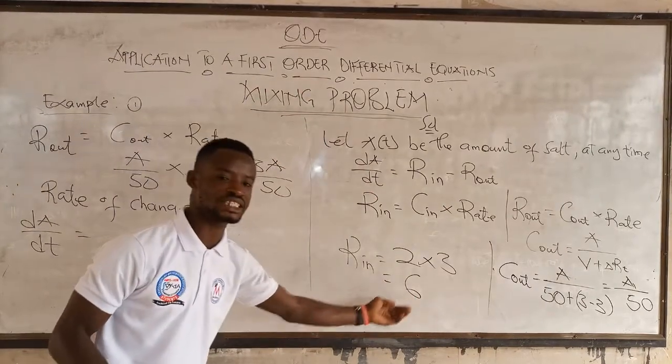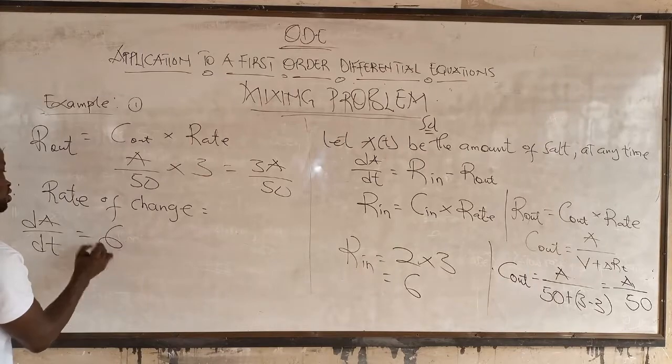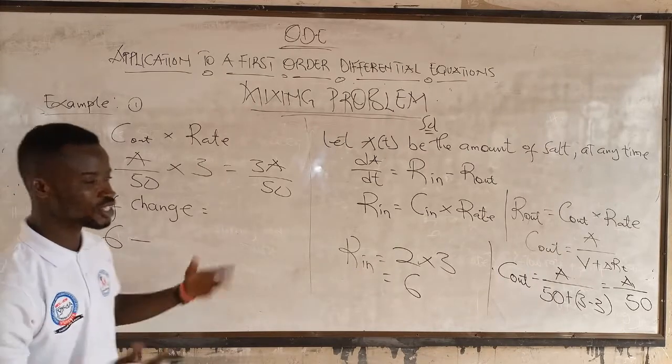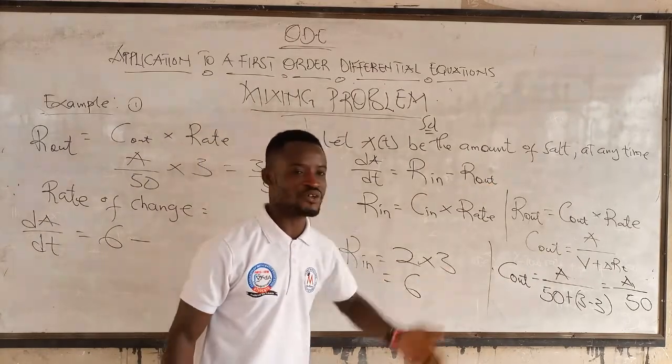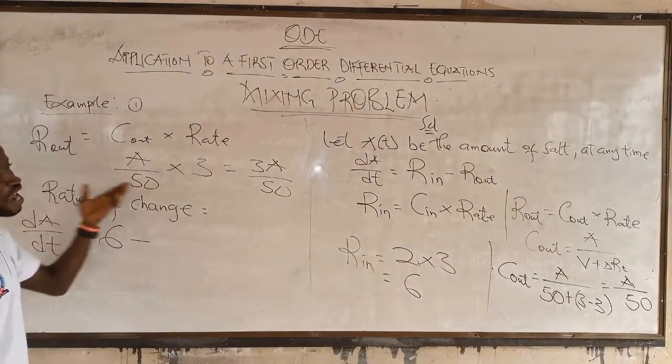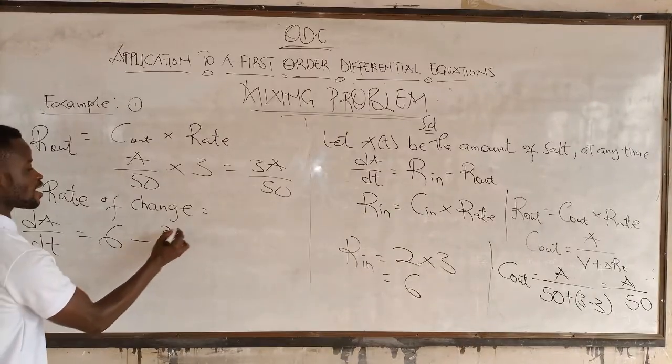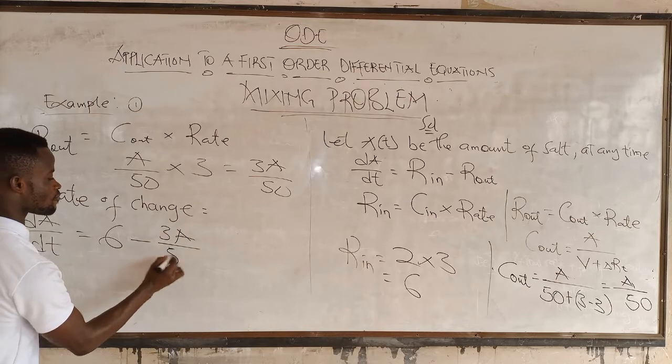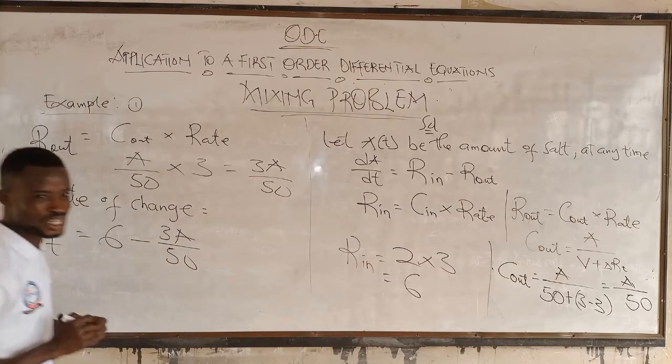So what's the result of rate in? 6. Cheap. It's not difficult. Minus the rate out. And what's the result of the rate out? 3A over 50.